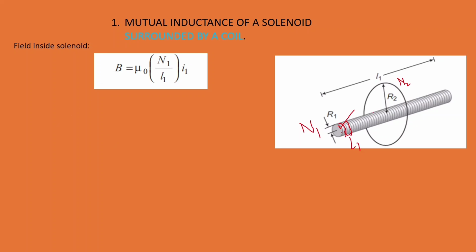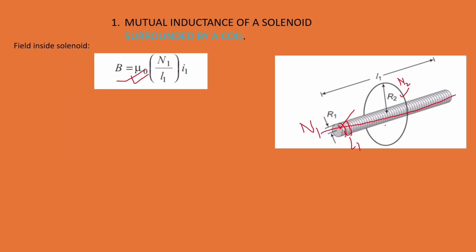This is the magnetic field also inside this coil of radius R2, and this field is directed parallel to the axis of the coil.